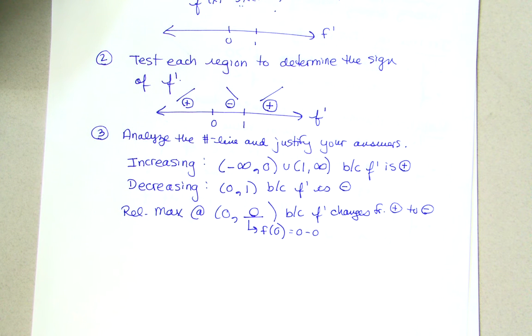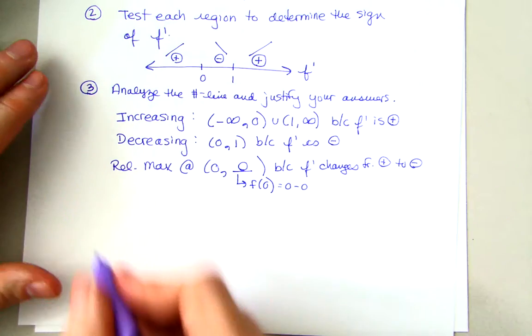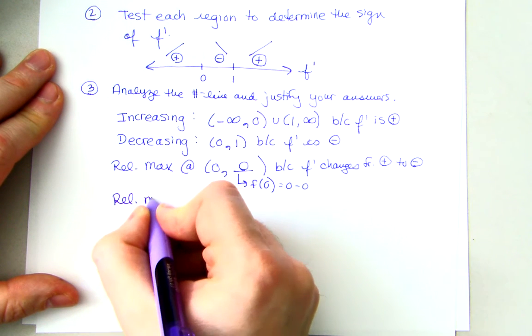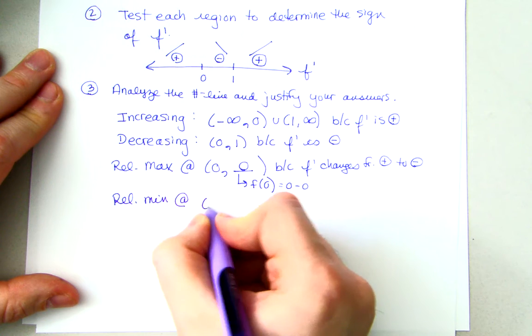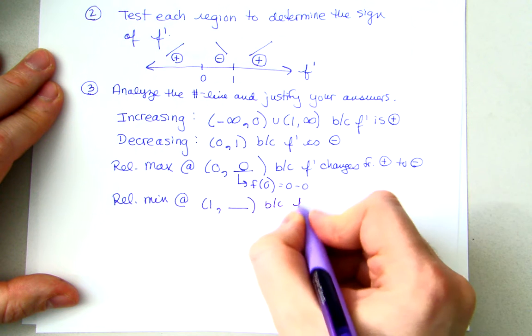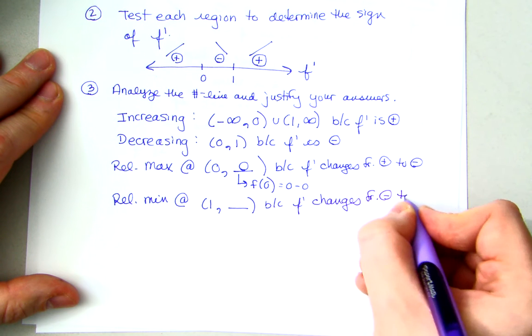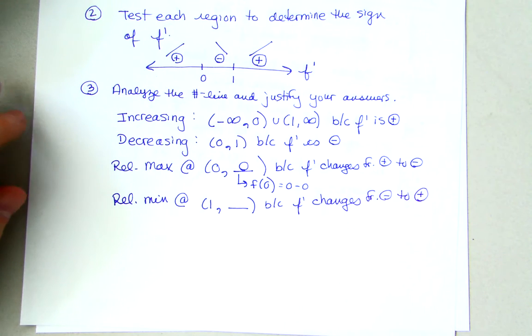Can you go deal with your relative minimum? Try it. I think you should be able to get the x coordinate easily. Find your y and justify things. Minimum at 1 comma something because f prime changes from negative to positive there.